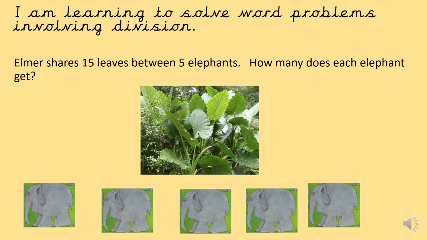Well, we have to actually think about the important numbers and words there, so let's have a look. Elmer shares 15 leaves between 5 elephants. Those are the words and numbers I've highlighted. How many does each elephant get?